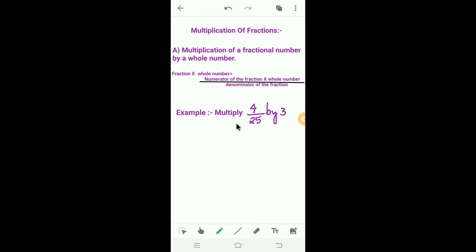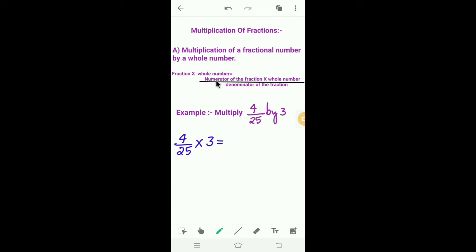For example, multiply 4 by 25 by 3. Here the fraction is 4 by 25 into 3. Here 3 is a whole number.